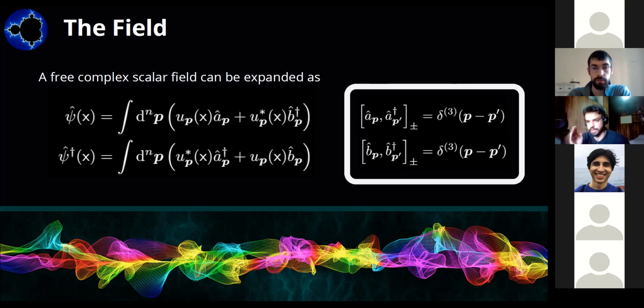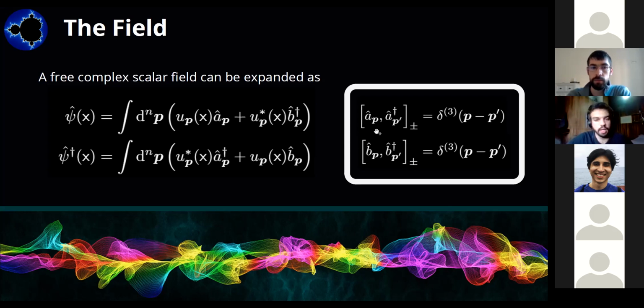I will leave this free. Although commutation relations can be seen as more fundamental, and anti-commutation relations for scalar fields can be argued to be less physical, I'll just leave it there and let's see what shows up out of this model.